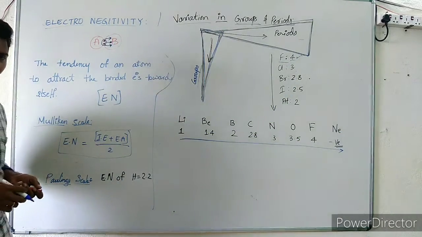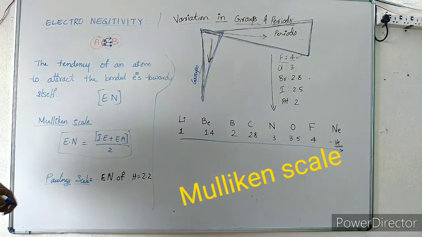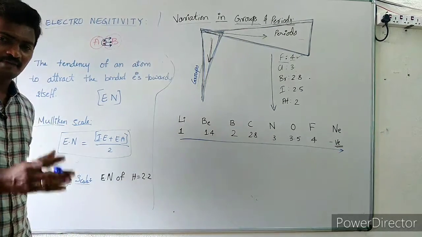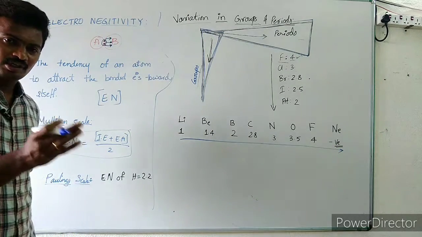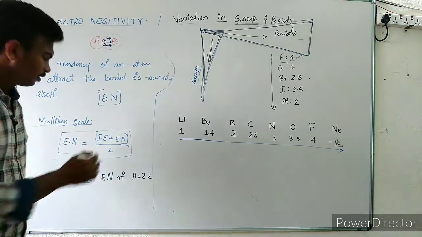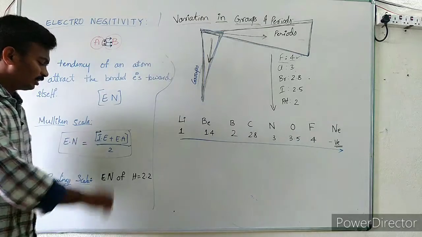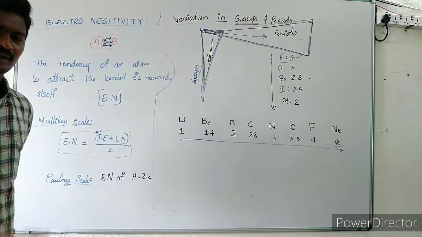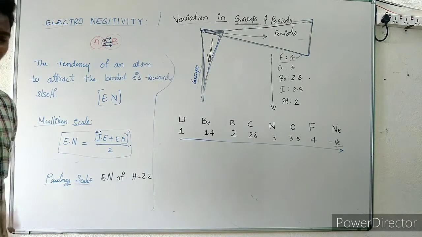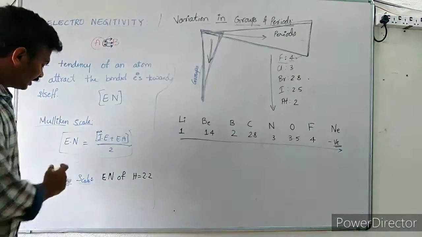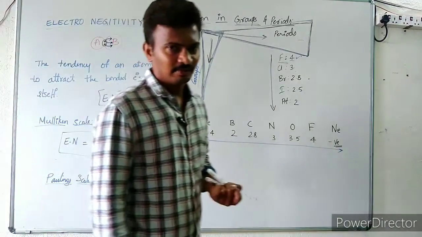Coming to the values, Mulliken has given a scale. He has stated that electronegativity is the average of ionization energy and electron affinity. So he has given the formula: electronegativity is equal to the average of the ionization energy and electron affinity values. But this is not much accepted. Later, Pauling gave a scale.